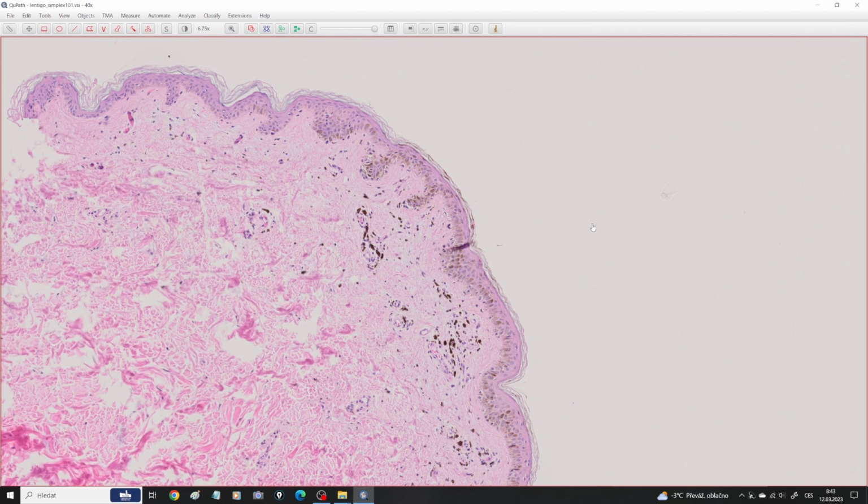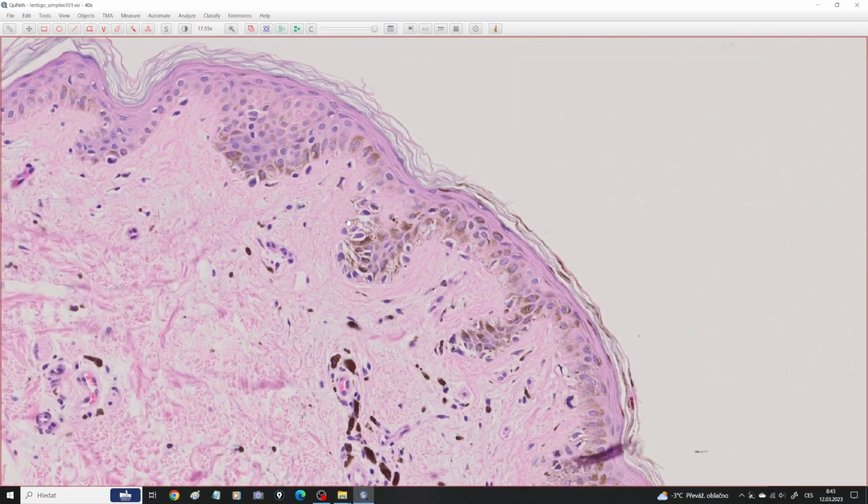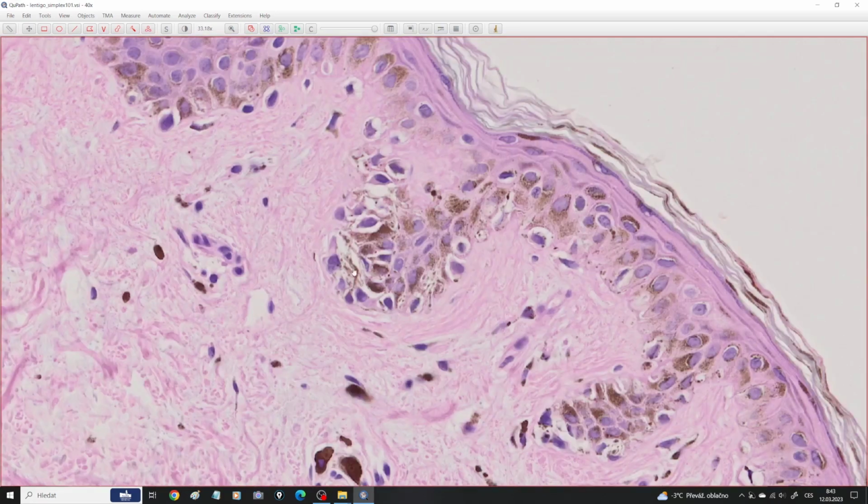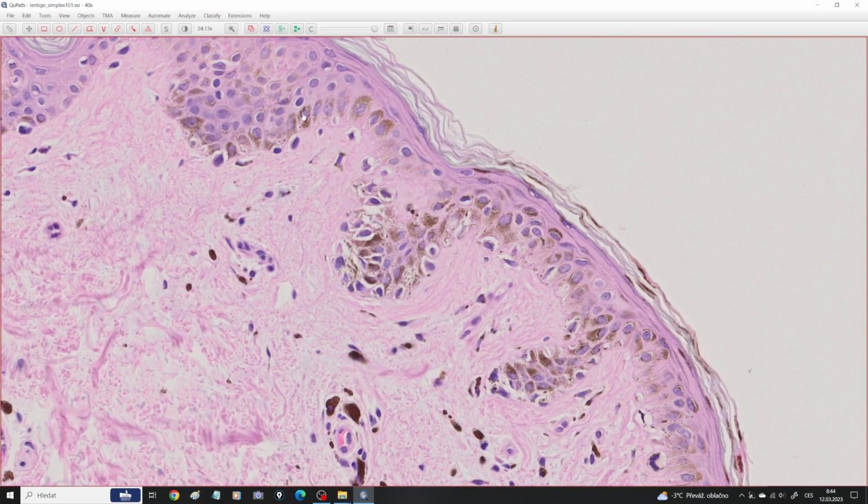But the, let's say, main change that defines lentigo simplex is this. Here you can see numerous melanocytes that proliferate, but they proliferate in a single layer. So there is a linear proliferation of melanocytes. So first of all, how does a melanocyte look?